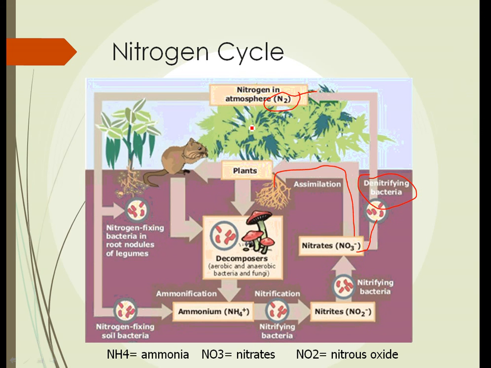Another source is animal waste, dead animals themselves, and plants that are dying and decaying in the soil. They're both broken down by these decomposers, primarily fungi and anaerobic bacteria.